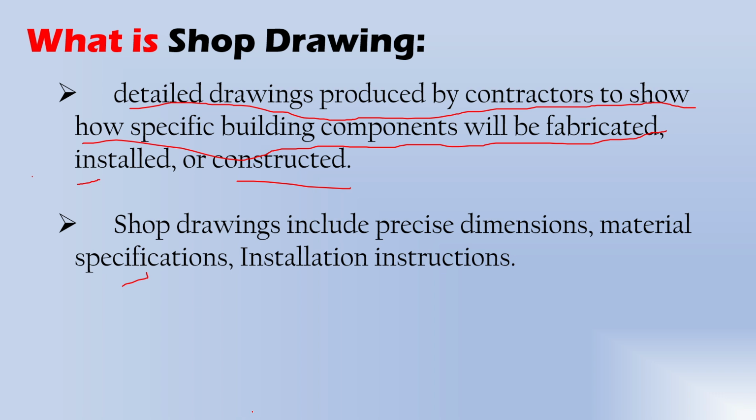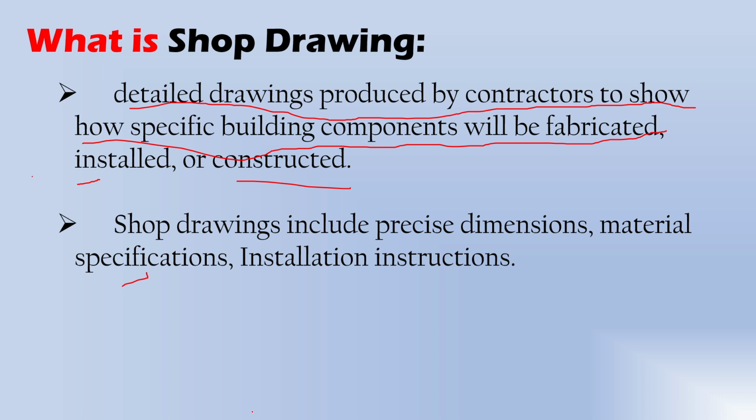Okay. Let's come to the shop drawing. Maybe all of us know very well what a shop drawing is, and what exactly it means. It is a detailed drawing produced by the contractor to show how specific building components will be fabricated or constructed.